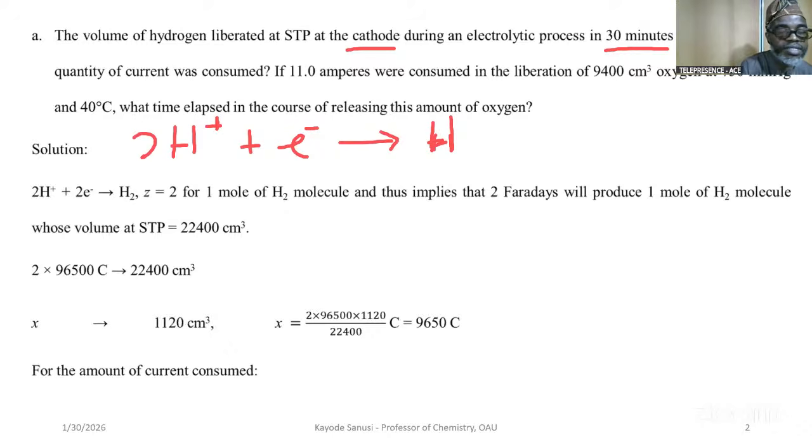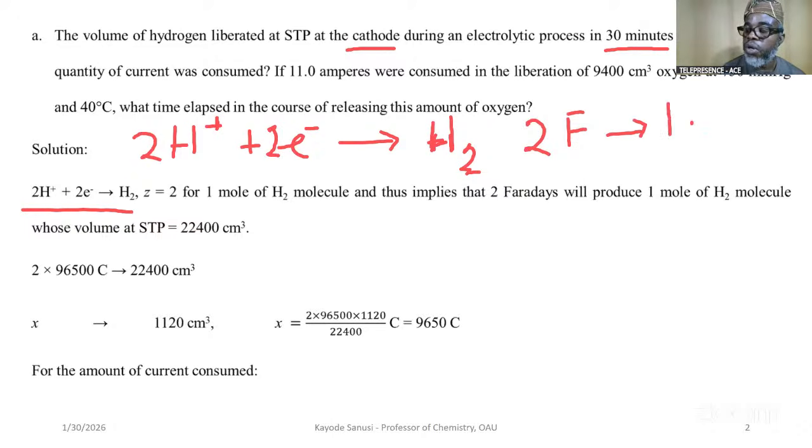So this equation would have to be properly written to produce hydrogen gas. And that is what we have here. Which means that 2 Faraday will be required, because we have 2 electrons here. It means 2 Faradays will be required to liberate 1 mole of hydrogen gas at the cathode.